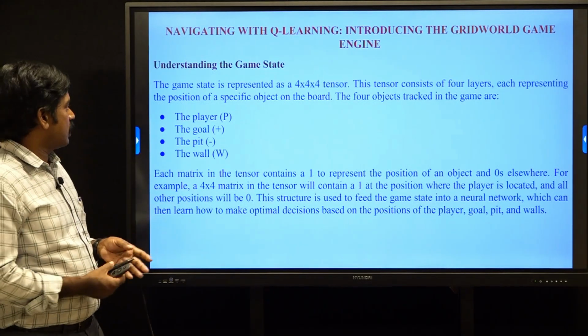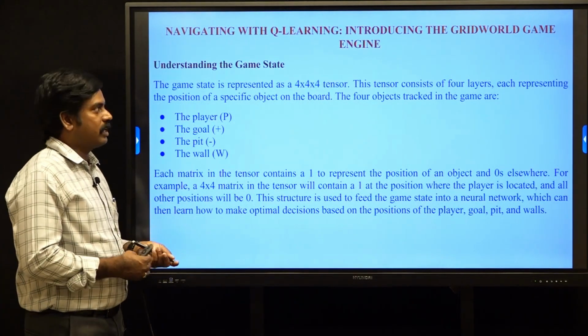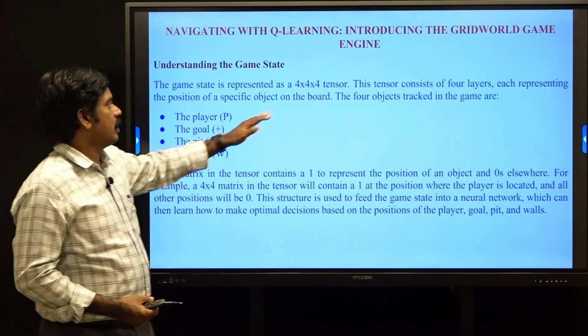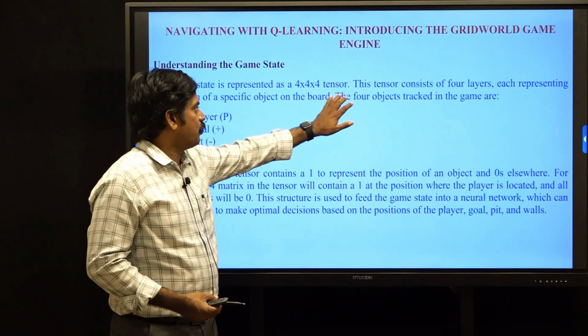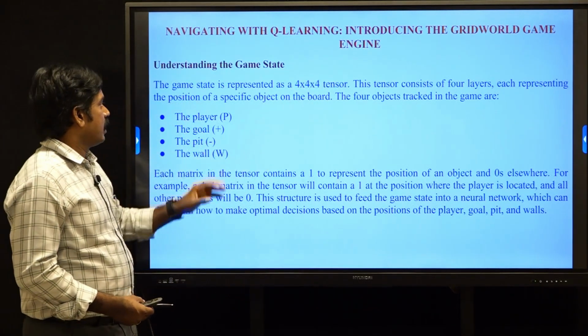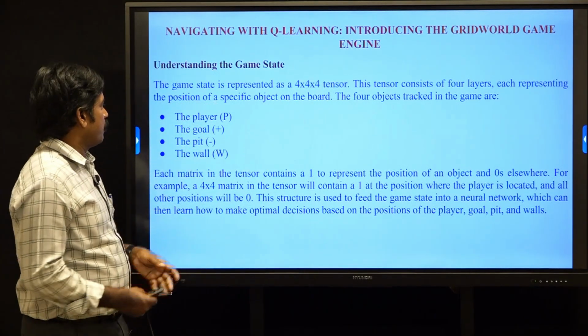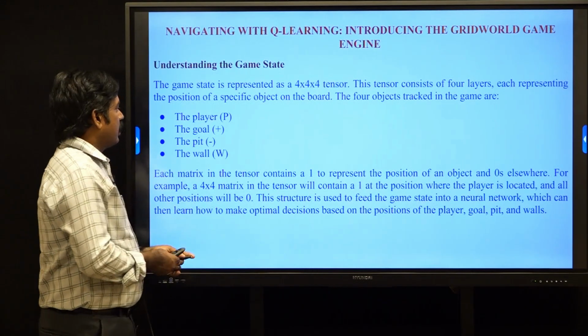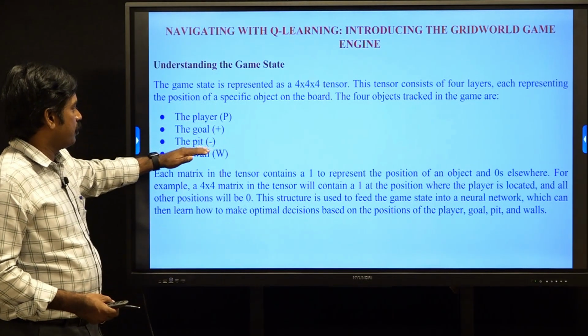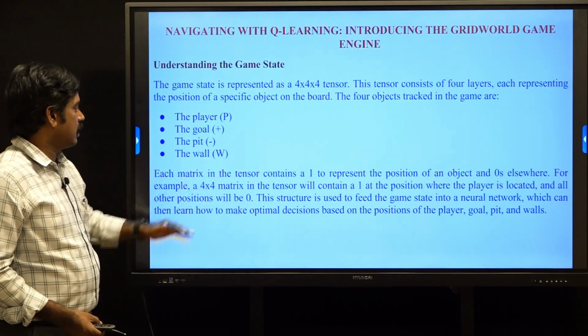The environment state is the position, the state of the game. Here we are using the Gridworld game. It is a 4x4x4 three-dimensional tensor for the Gridworld game simulation environment. Here the objects are the player, the goal, which is plus, the pit, which is -1, and the wall, which is W.